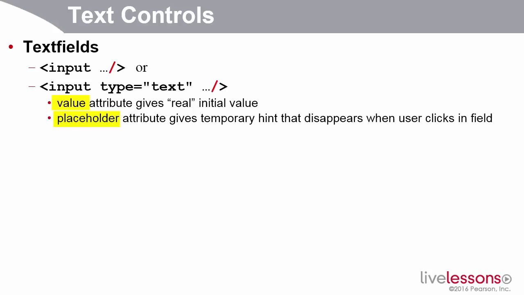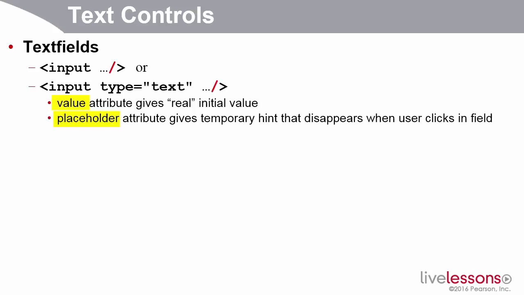But what format do you put the phone number? Do you put parentheses? Do you put dashes? Do you put spaces? That information might be in the placeholder text. You might have an example phone number, parentheses 415 parentheses space 123 dash 4567, and that'll give the end user a hint of the format of how to enter the information.